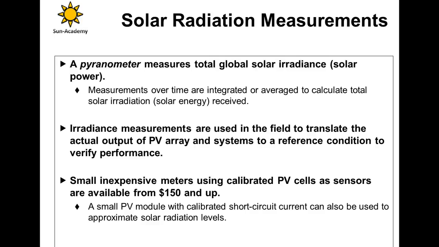Small, inexpensive meters, usually calibrated PV cells or sensors, are available from around $150 and up. A small PV module with calibrated short-circuit current can also be used to approximate solar radiation levels.